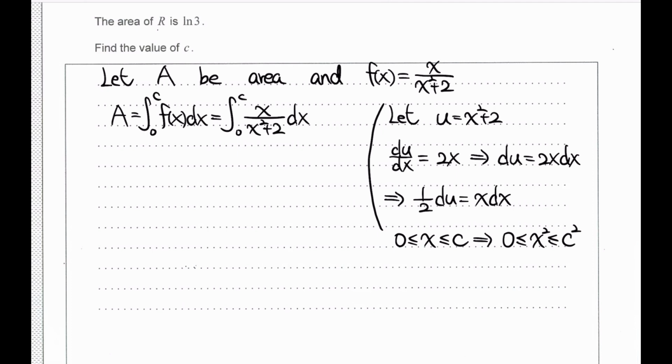Okay, and then we add 2 to this inequality, which tells us 2 is less than or equal to x squared plus 2, which is less than or equal to c squared plus 2. Alright, so now we have x squared plus 2 in the middle of this inequality, and this is our new variable u. So this way we get the new range for the new variable u.